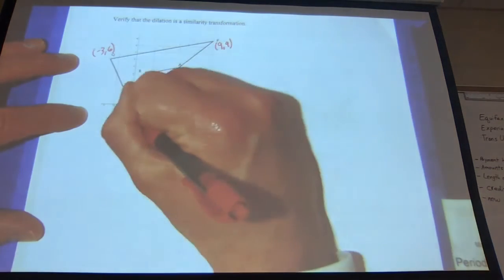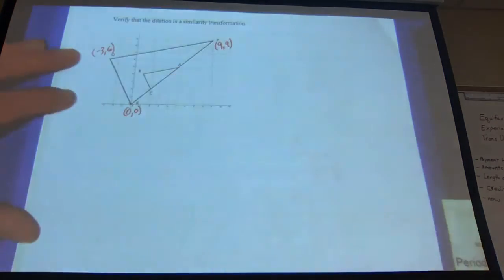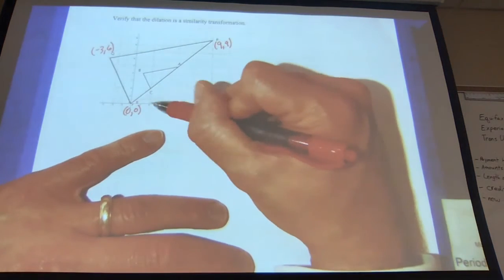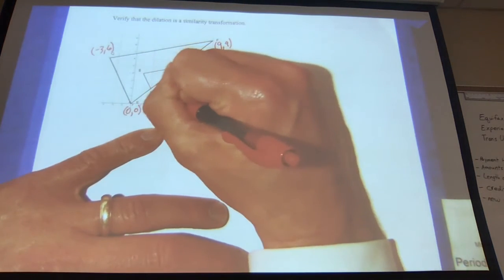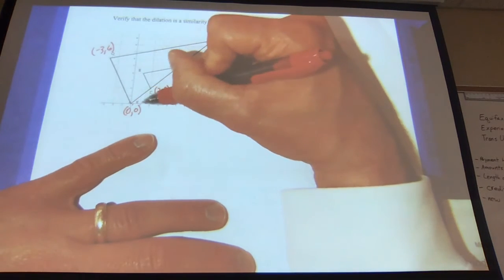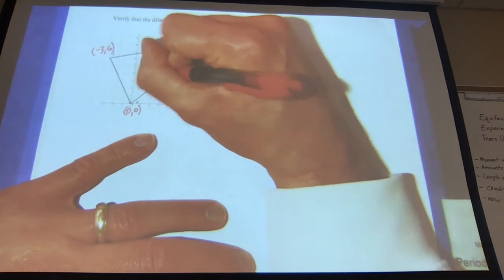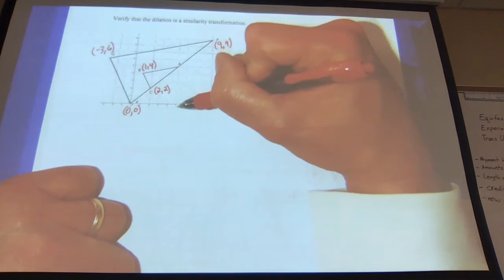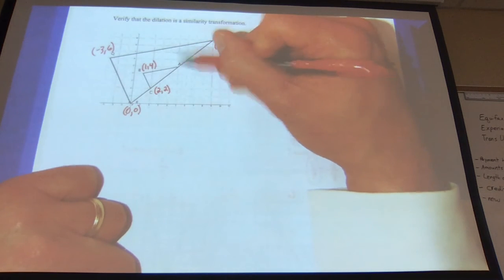And point R is down here at the origin, 0, 0. And let's see, point C is at 2, 2. Point B is at 1, 4. And point A is at 5, 5.